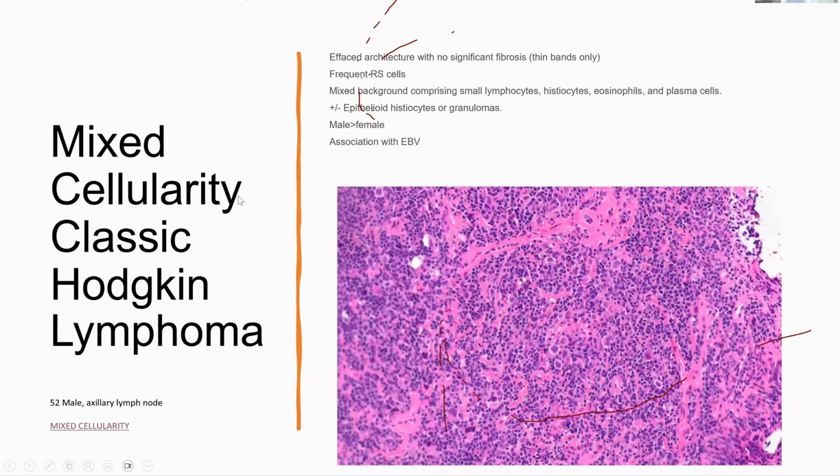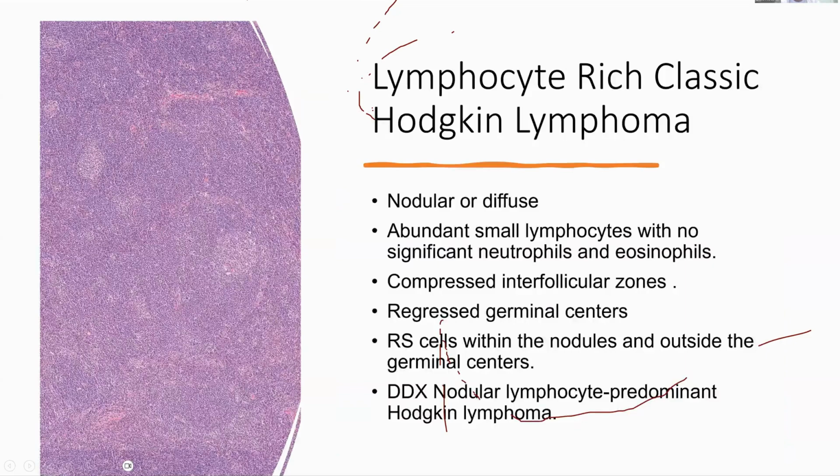And then you will have the lymphocyte-rich classic Hodgkin lymphoma. It can be diffuse, it can be nodular. The hallmark of this is the abundant lymphocytes with no significant neutrophils or eosinophils in the background. So you don't see that mixed population of cells, mostly lymphocytes only. You will have compressed interfollicular areas and regressed germinal centers, as you see here in this picture.